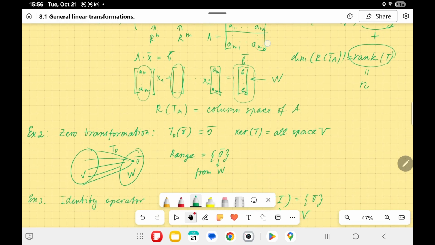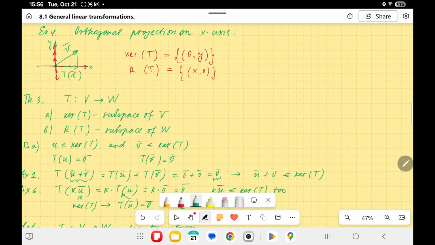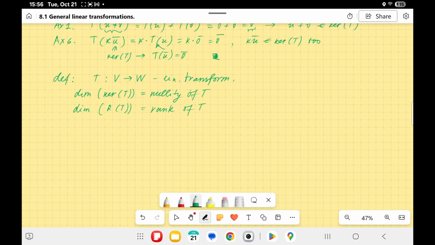For general spaces, we're just going to write it as a theorem, which we're not going to prove. The nullity of the transformation plus the rank of the transformation is going to be equal to the dimension of the space V, the original space.